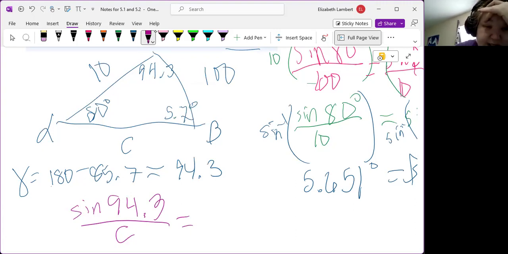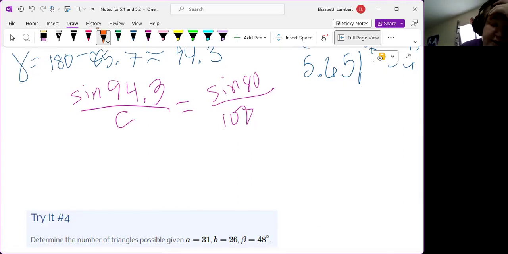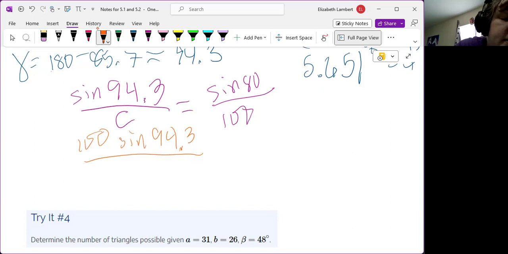So the sine of 94.3 over C and the sine of 80 over 100. All right, so I multiply both sides by 100C and then divide by this sine 80. I get 100 sine of 94.3 divided by the sine of 80.